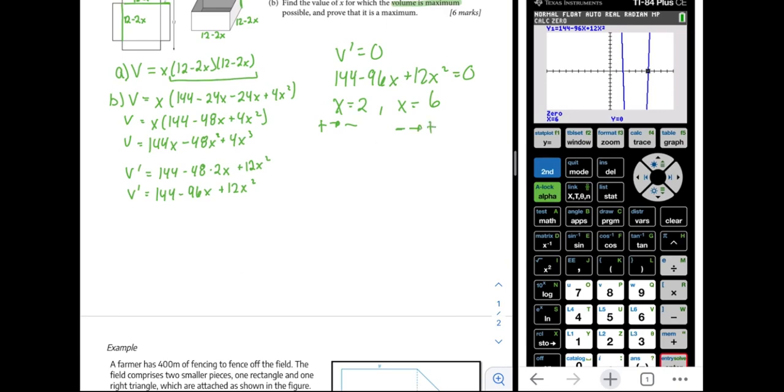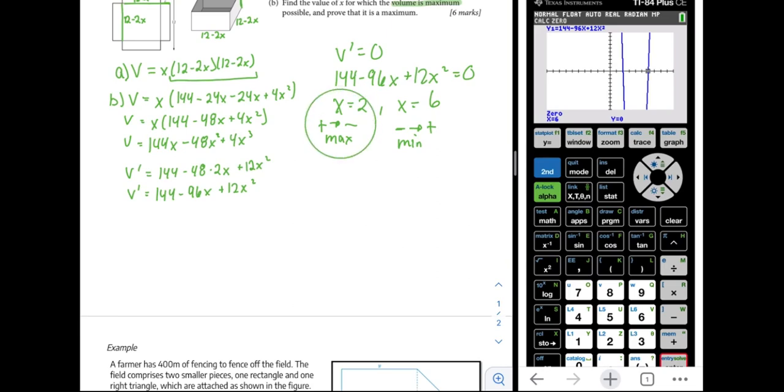So if we think what that means for a function, if our function had a positive slope, that means it was increasing, and then it went decreasing. So at x is equal to 2, we're going to have a maximum. And for x is equal to 6, our function was decreasing and then increasing again, so this would be a minimum point. So when we're looking for the maximum volume, we're going to be using x is equal to 2.